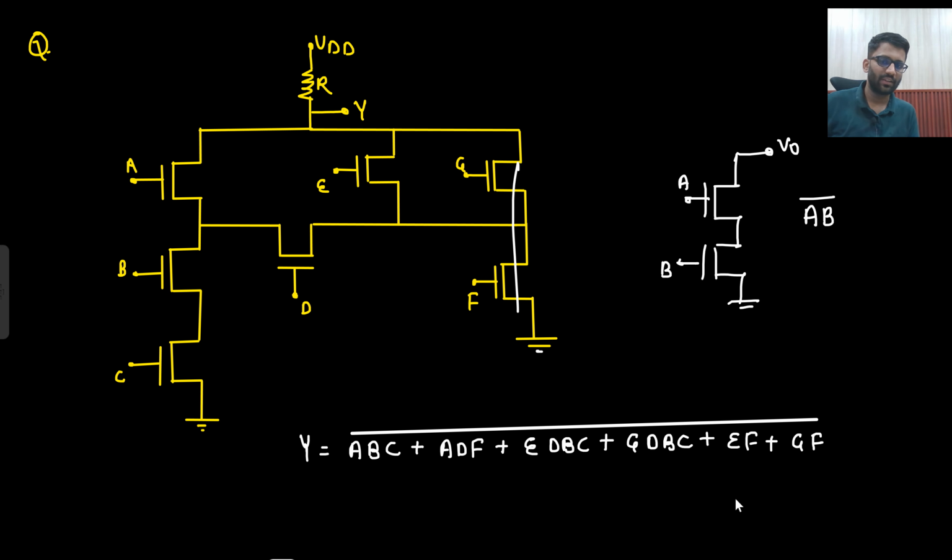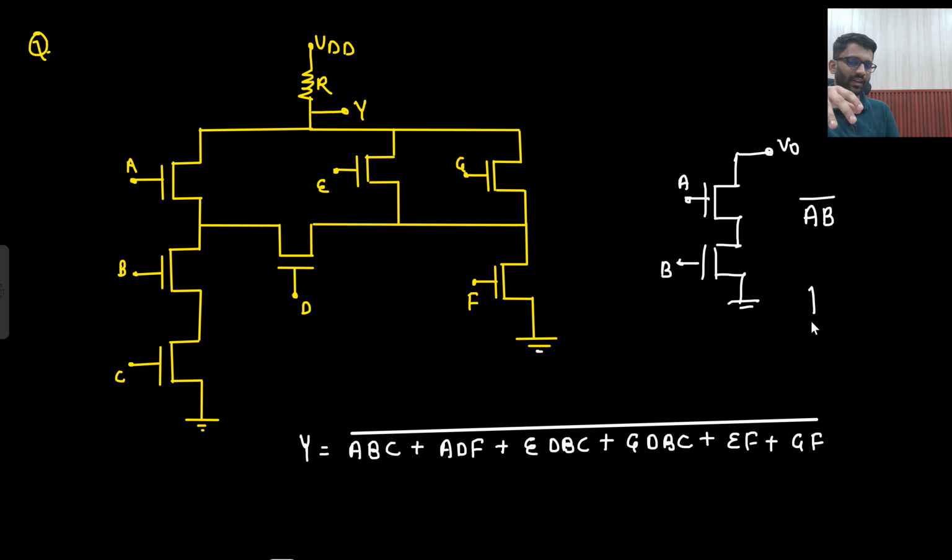This is your short circuit path, and this is your short circuit path, right? I just need to see the short circuit path. If I am getting a short circuit path, then Y could be 0, and then I just need to put a bar. So that is my final answer. There you go. Are you getting this point?